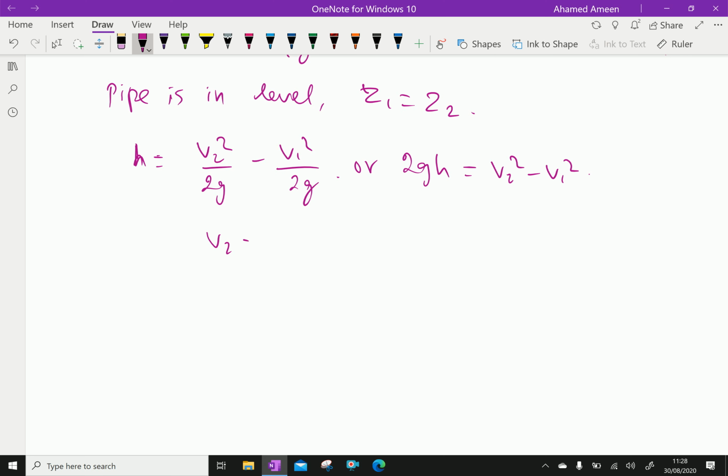Therefore V2 equals square root of 2gH plus V1 squared.